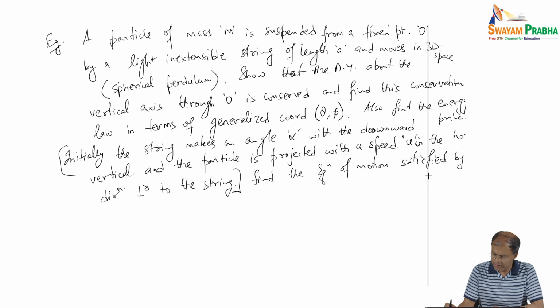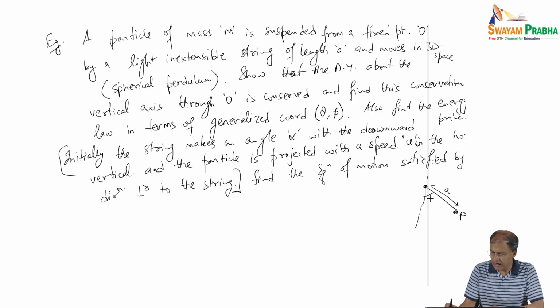So we have a pendulum which is attached to a string of length a. This is given here, and at any given time, the bob of the pendulum, or the particle attached to this string, is rotating about the surface of a sphere.